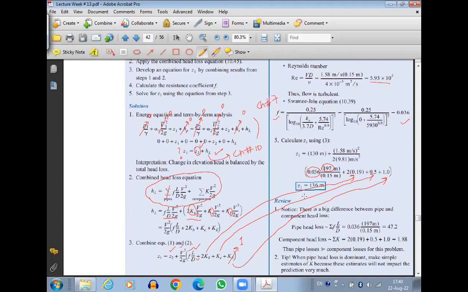So what we did is that in chapter number 7, we were solving the energy equation, but the head loss was given. Now we are actually finding out the head loss based upon our pipe network. How much is the straight pipe length? How many bends? How many entrances? How many exits? How many expansions? How many contractions? So based on these components, now we are actually finding out what the head losses are.